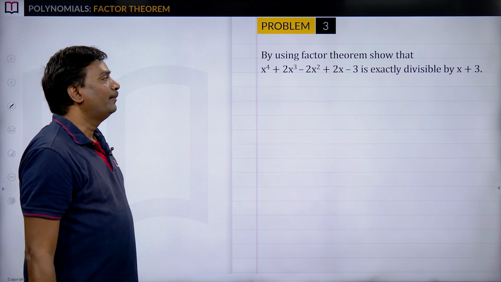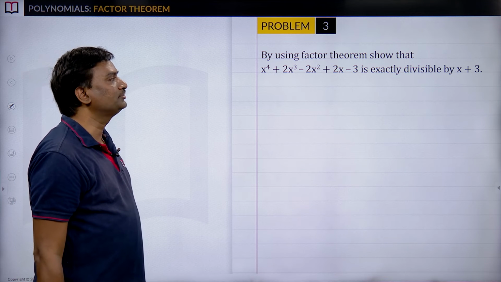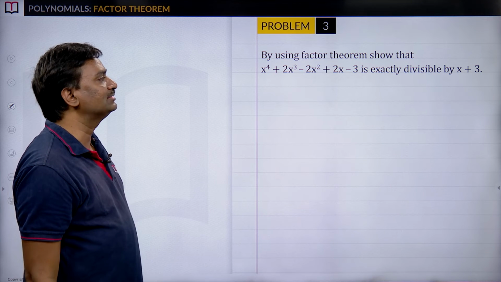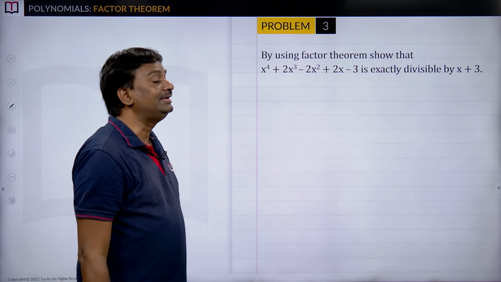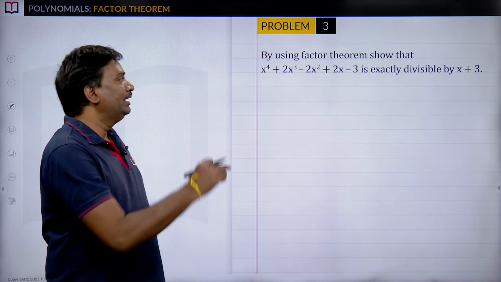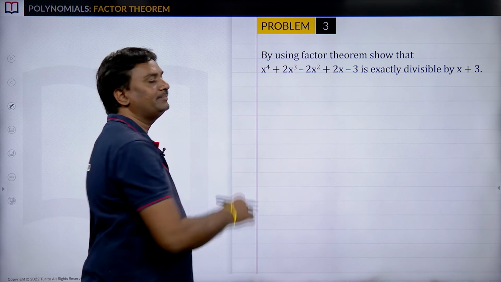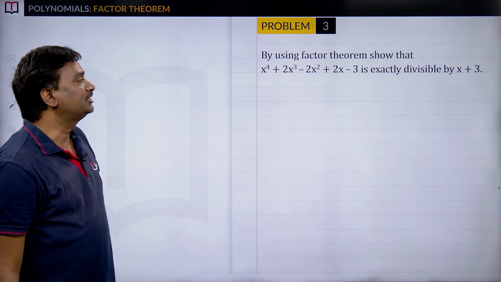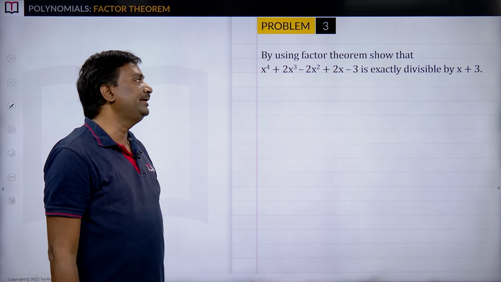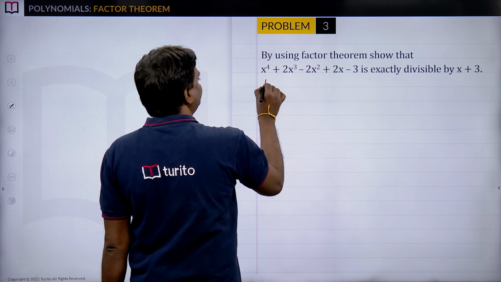Now, look at this. By using factor theorem, show that x power 4 plus 2x cube minus 2x square plus 2x minus 3 is exactly divisible by x plus 3, just like the previous problem. Here they have not given the name of the polynomial, that is why let us consider the polynomial x power 4 plus 2x cube minus 2x square plus 2x minus 3 as some f of x.